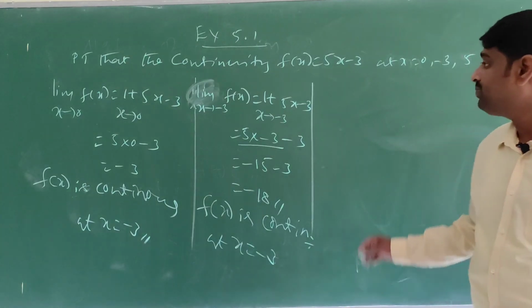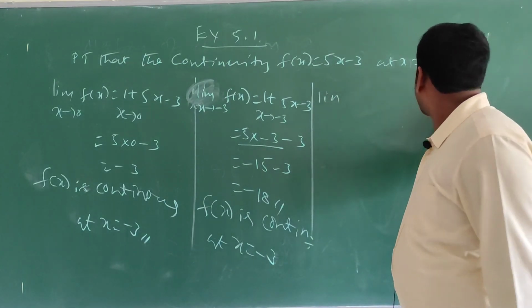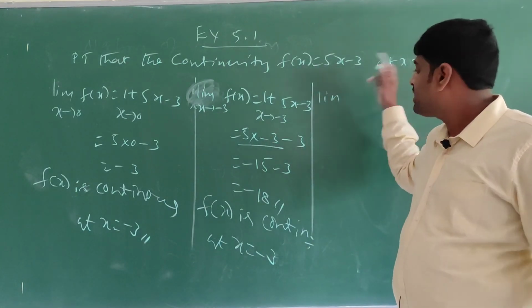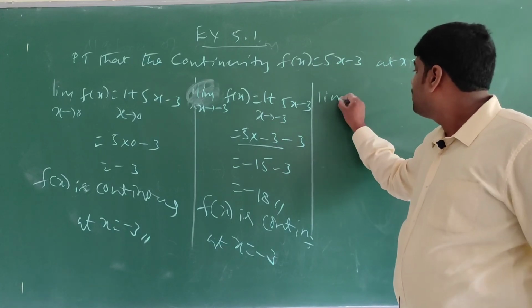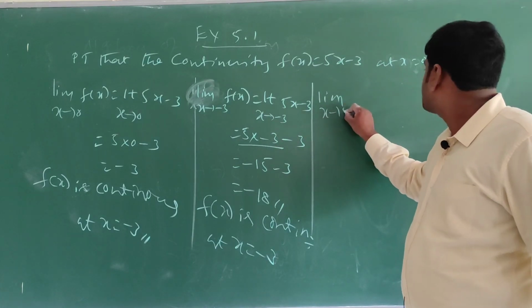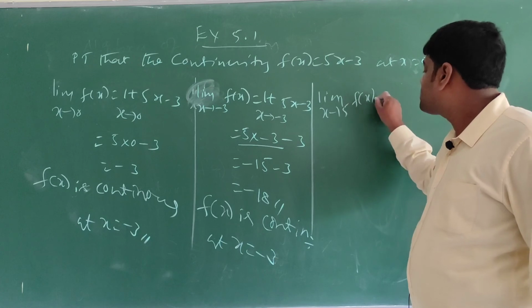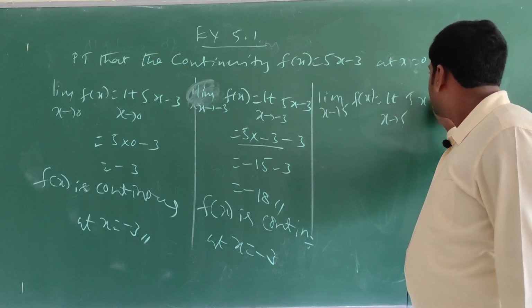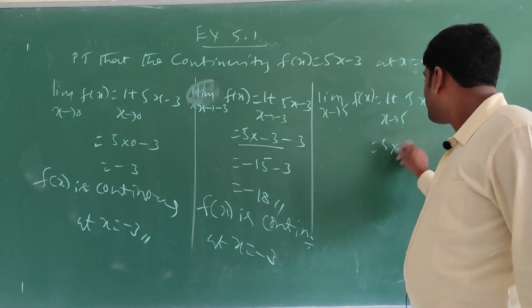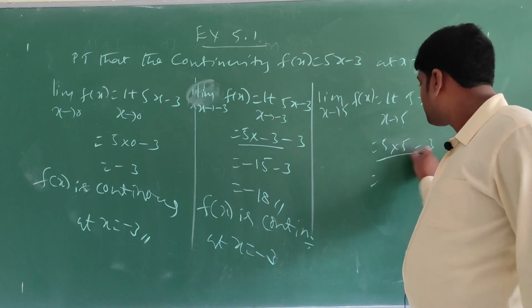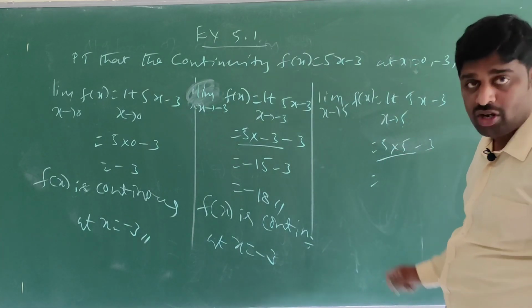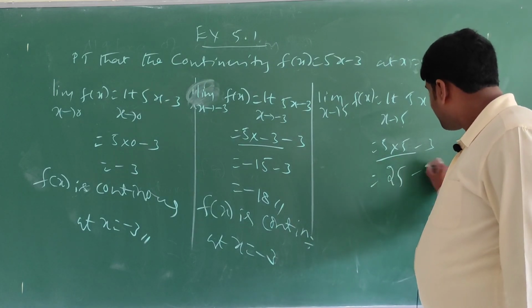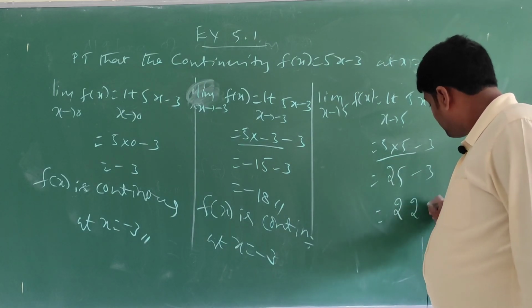Now come to 5. Limit x tends to 5, f of x is equal to limit x tends to 5, 5x minus 3, that is 5 into 5 minus 3. 5 5s are 25, 25 minus 3, that is 22.